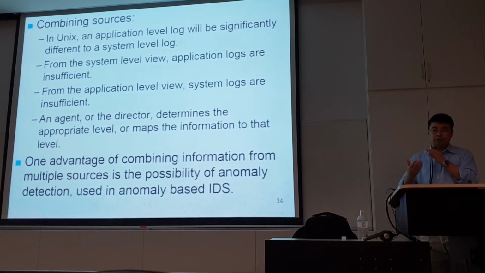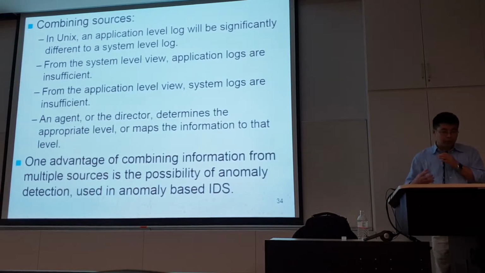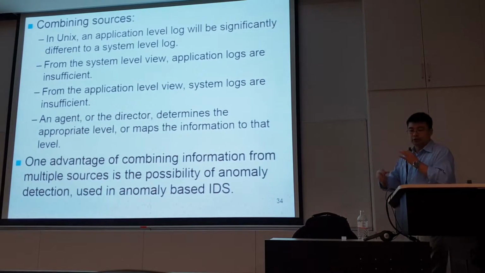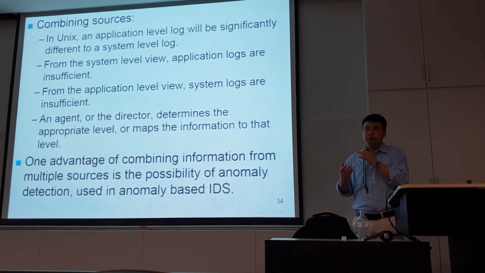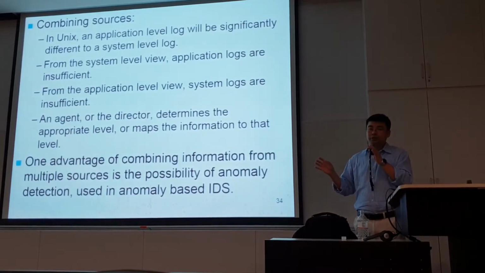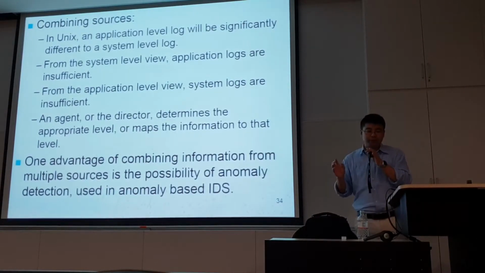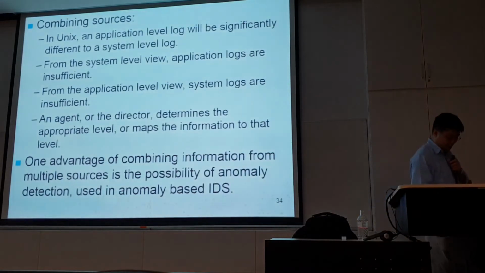The application log is for user applications, the system log is for system activities, and of course the security log is for security-related events, for example login failures, and so on. Sometimes we need to combine different sources to see whether there is intrusion or not, because if we isolate all these logs, then sometimes we may miss some potential intrusion, right?